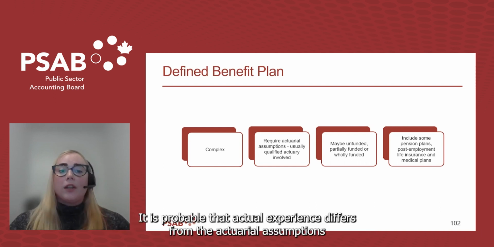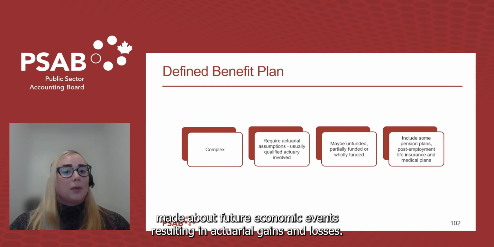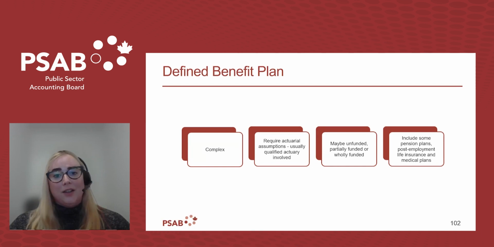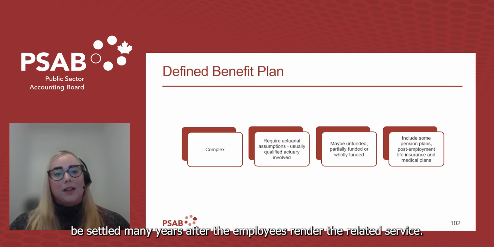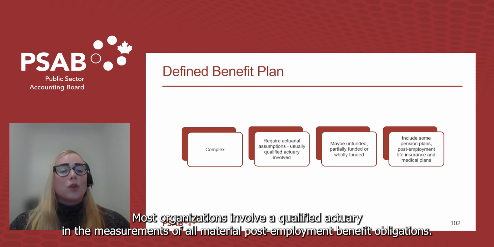It is probable that actual experience differs from the actuarial assumptions made about future economic events, resulting in actuarial gains and losses. Moreover, the obligations are measured on a discounted basis because they may be settled many years after the employees render the related service. Most organizations involve a qualified actuary in the measurement of all material post-employment benefit obligations.